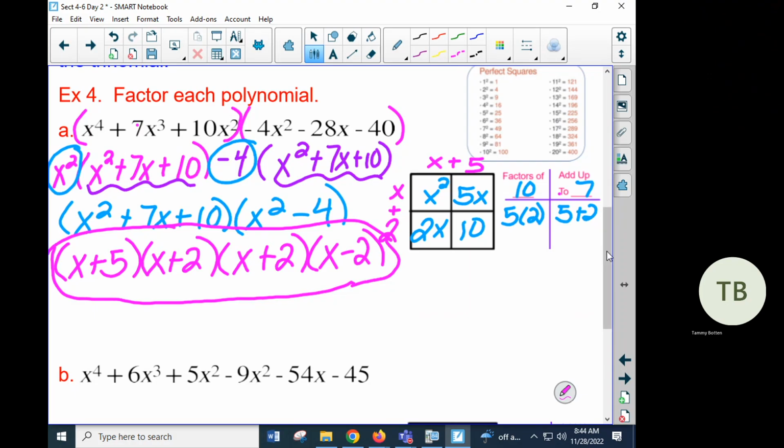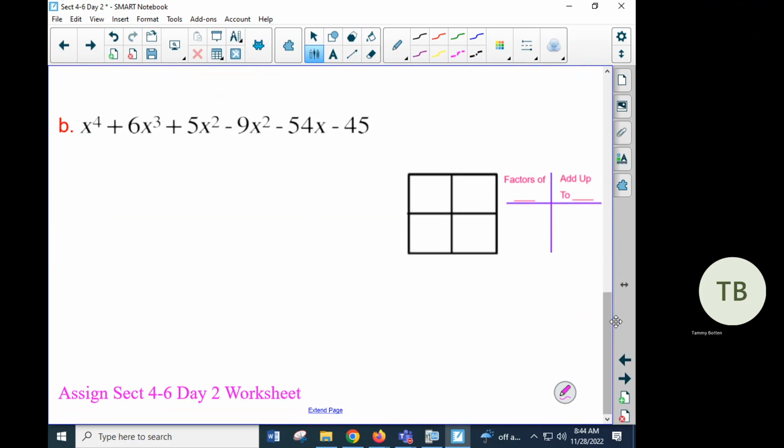Okay. Now let's look at this one. We have one more. So here again, we have 3 and 3 that we're going to factor together. Like this, okay? I look at that first one and I look at what can I take out front? And I can take an x squared out front. And then I think x squared times what gives me x to the 4th? That's x squared.